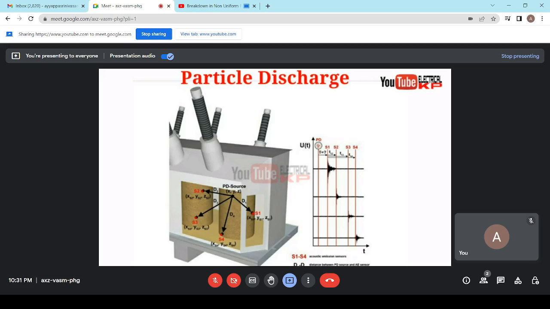That's caused when conductive particles are left inside the system. These conductive particles allow the partial discharge to jump from particle to particle, and purifying and processing of oil and gas is recommended for avoiding the partial discharge.